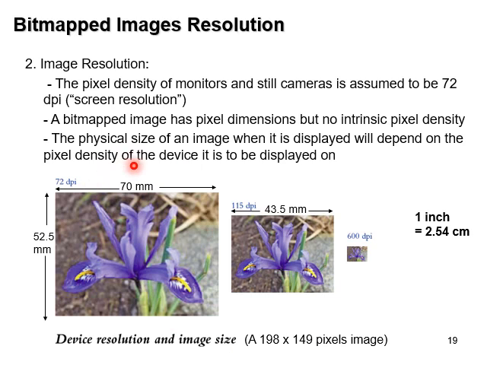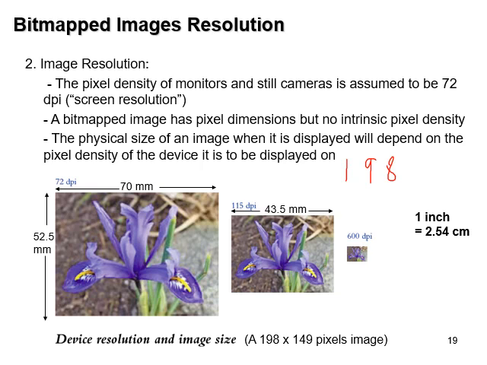Now, how do we know that the width of that image is 70 millimeters and the height is 52.5? Where did this come from? So let's do the math. We have 198 columns, okay, and in every inch we have 72 dots.